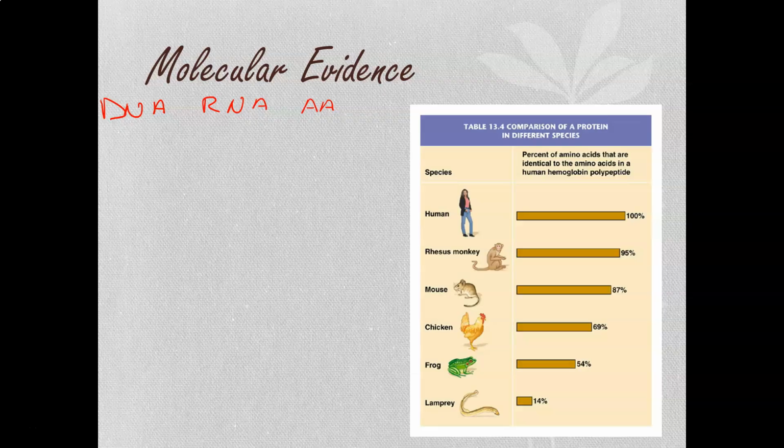So when we look at this in our cells, there's something that you need to understand, and that is the fact that these three molecules have a connection to each other. So that DNA, right, is sitting in your nucleus, okay?